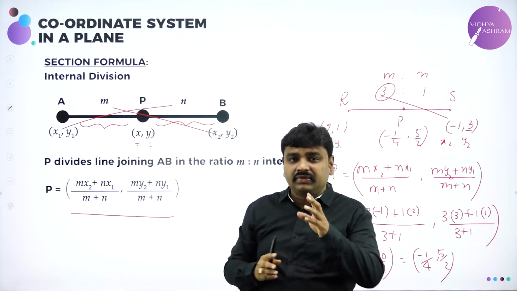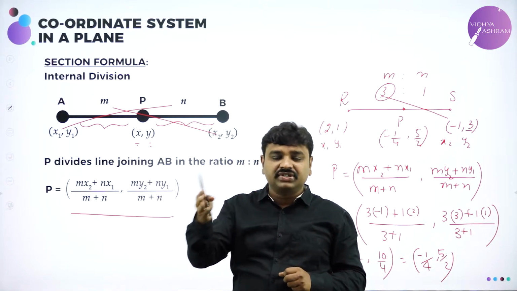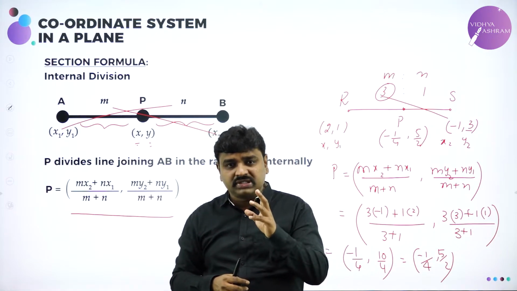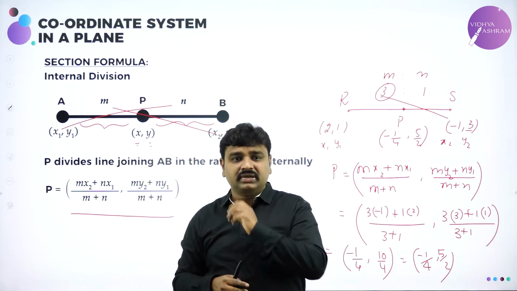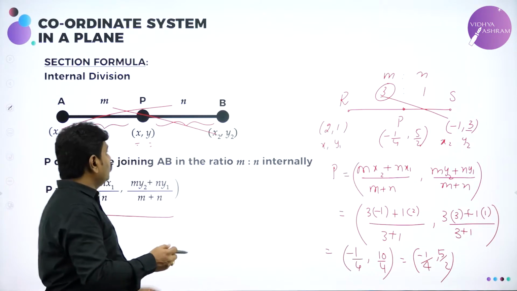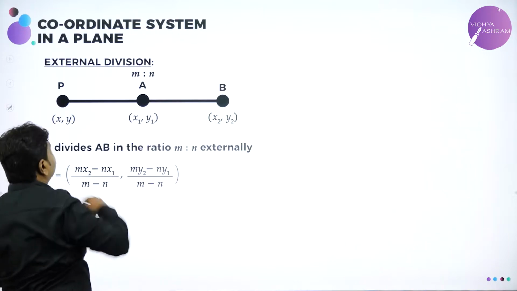Become thorough, and we'll apply this formula to find the point of division, the point which divides the line joining. What is the point of internal division? mx2 plus nx1 by m plus n and my2 plus ny1 by m plus n. See, now the point was in between, it is internal division. Now we'll go to the next case.